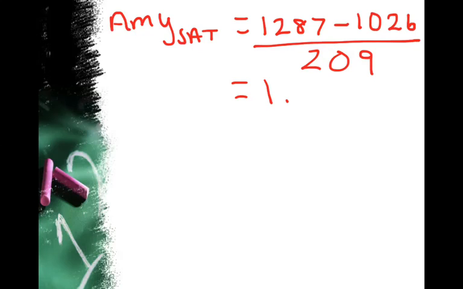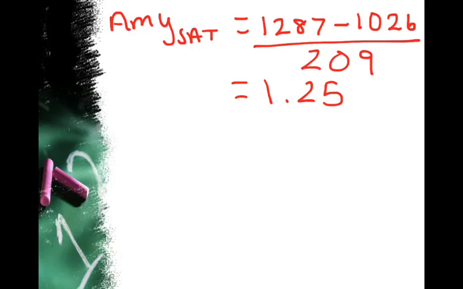And so here you should get a z-score of 1.25. Again, what this is saying is Amy's SAT score is 1.25 standard deviations above the mean. And so what we're trying to figure out is what ACT score is going to have that same z-score of 1.25.